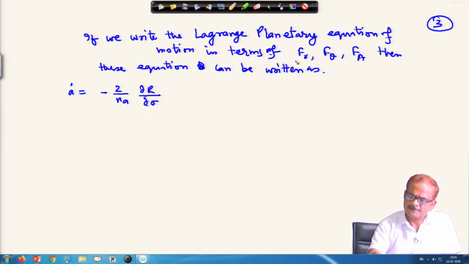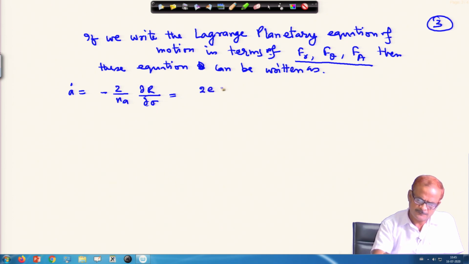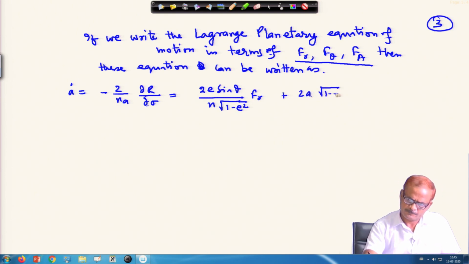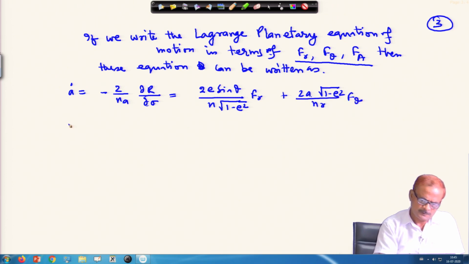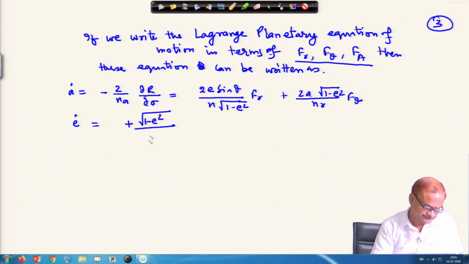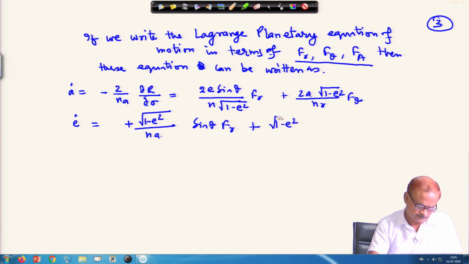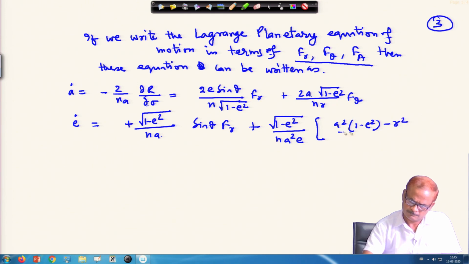So, dou R by dou sigma, if we replace it in terms of f r, f theta, f a, this will get reduced to the format 2 e sin theta f r plus 1 minus e square, f r.